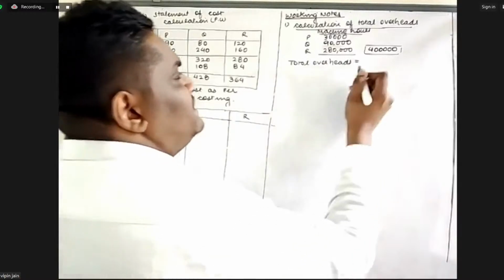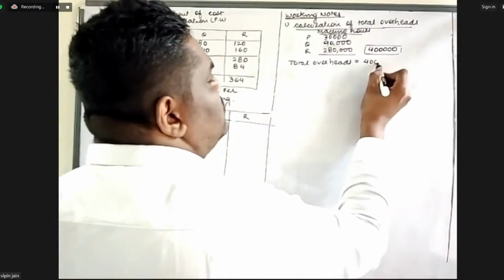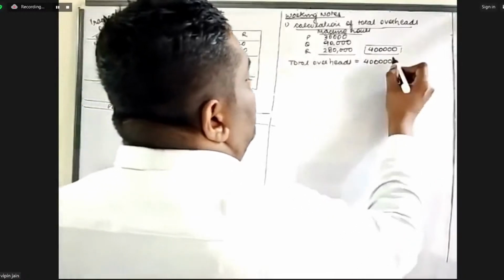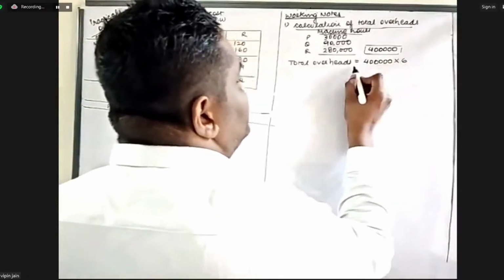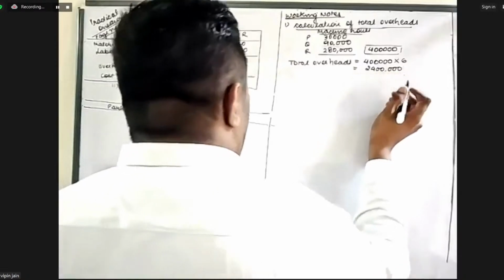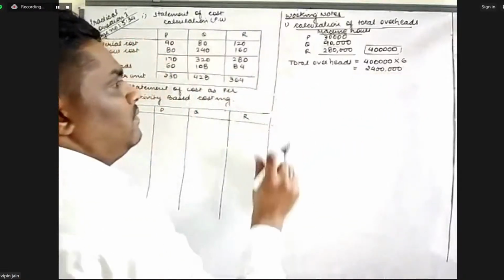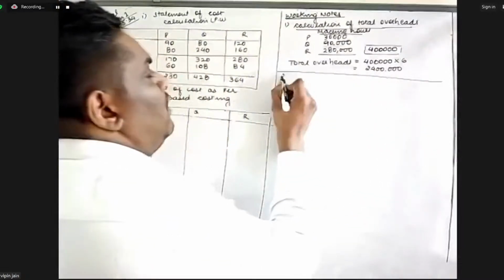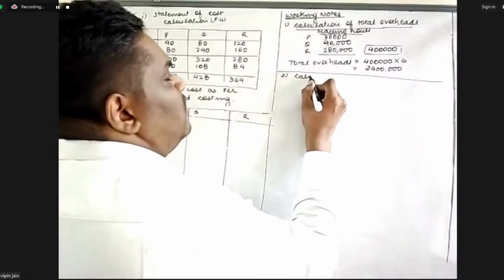It is given that the overheads are absorbed on the basis of machine hours. So total there are 4 lakh machine hours, and the absorption rate is rupees 6 per hour. So the total overheads will be 24 lakh. Now next is calculation of absorption rate.